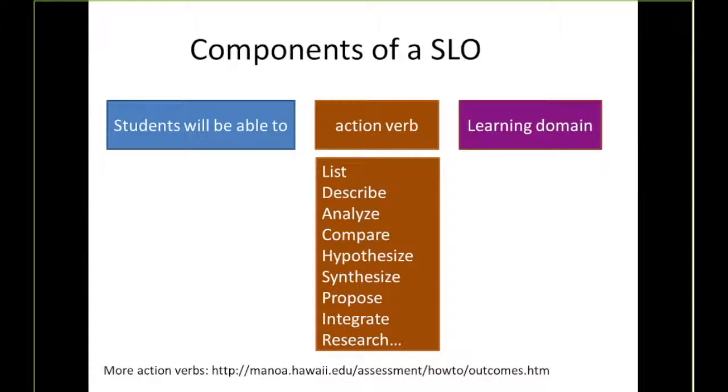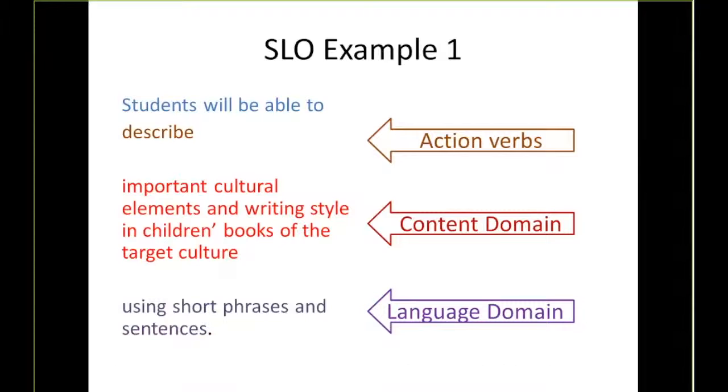The third component is the learning domain. The learning domain can have a content domain and a language domain. Let me give you an example. Students will be able to describe important cultural elements and writing style in children's books of the target culture using short phrases or sentences. Probably you already gave them some basic vocabulary that students will be able to use.